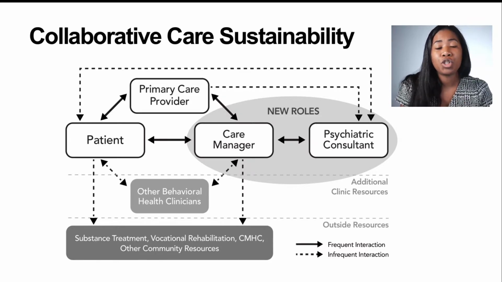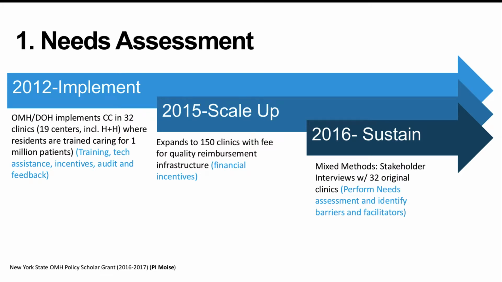This program has been shown to be effective in improving depressive symptoms and other clinical outcomes in more than 100 clinical trials. While there are a lot of barriers and facilitators to implementing these programs, they are increasingly being implemented and scaled up and more recently sustained across the country. Often in real-world settings, programs have already been partially implemented or are entering the sustainability phase.